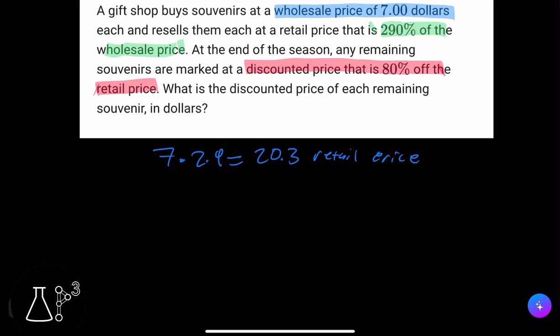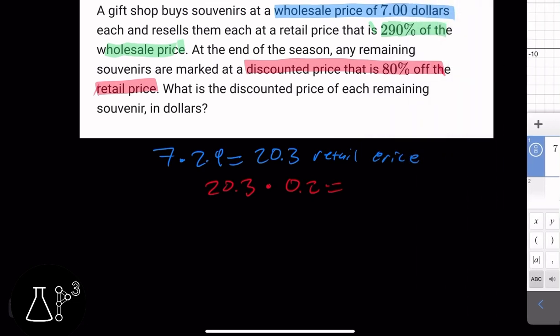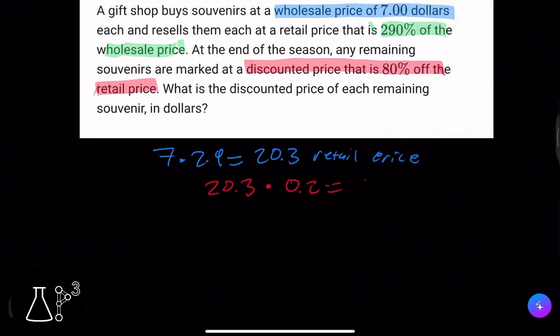So I want to do 20.3 multiplied by 0.2, which equals the discounted price, because 80% of the value of the retail price is gone. So if I do 20.3 times 0.2, I get the answer of 4.06. So 4.06 is the discounted price of each remaining souvenir in dollars, and this is our answer.